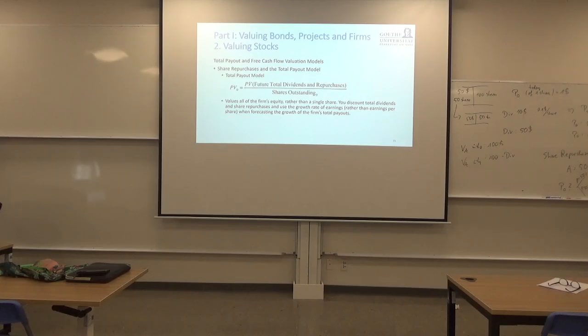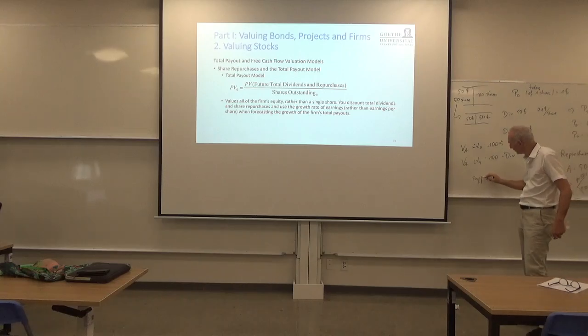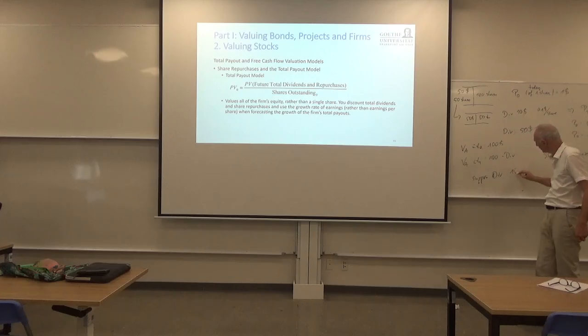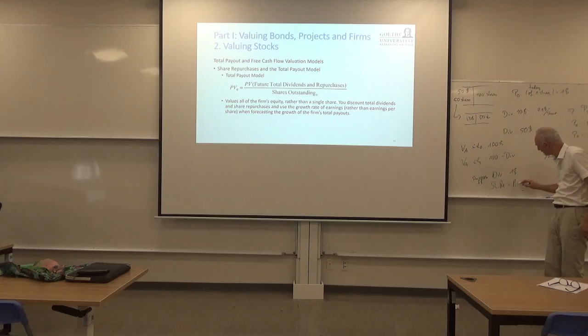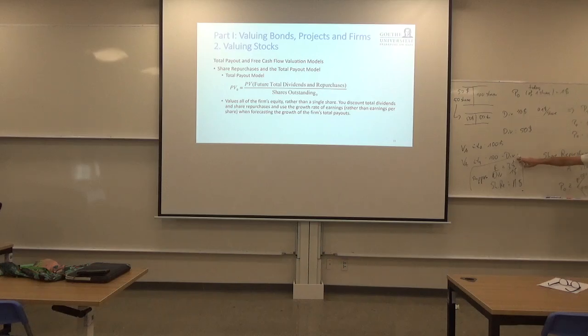And if we have share repurchases, the number of shares change. And therefore, all these calculations become more complicated. Suppose you have a dividend of $1 and a share repurchase of $1, and the earnings of $3. This was our example before.